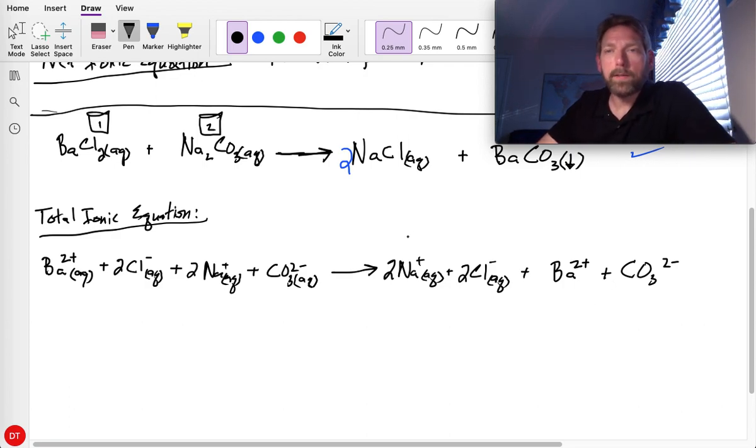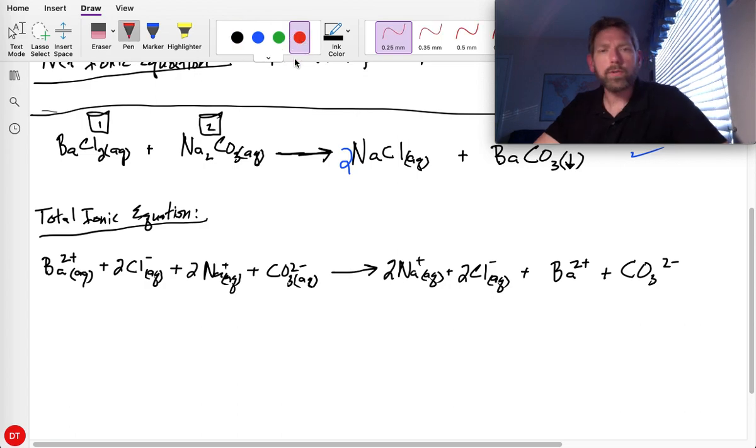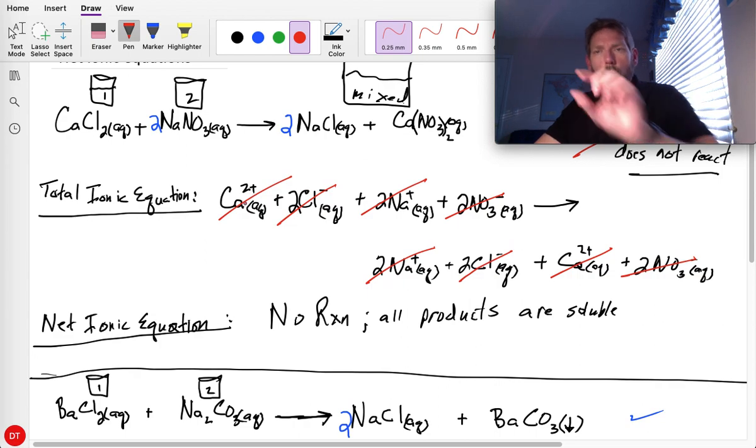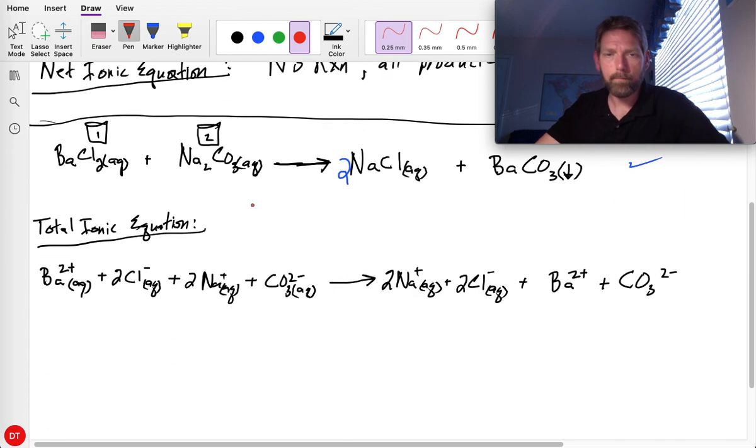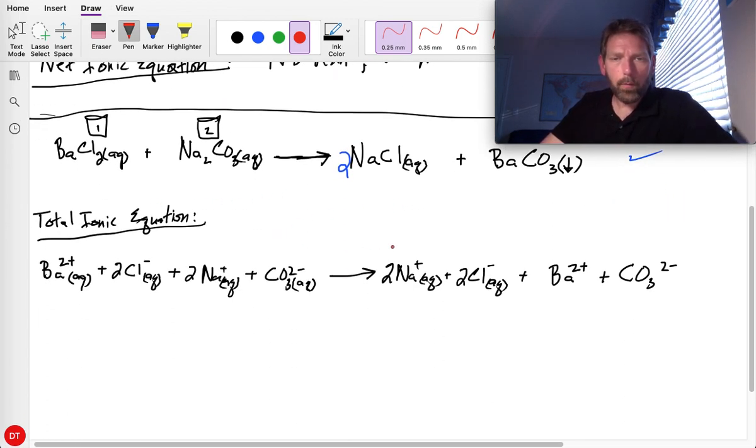So what that means is this. What we said before was you look on both sides, and whatever you have the same on the reactant and the product side, you put a strike through, get rid of it, right? So we see here that sodium is aqueous on the product and the reactant side. We can strike through that. We can see here that chlorine is aqueous on both the product and the reactant side.